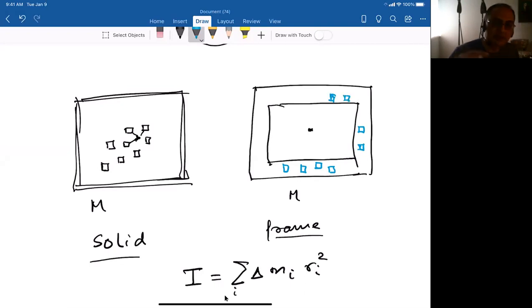And so all of these will have large r's, and when you evaluate the sum, you will get a larger number. For the solid square, many of these r's will be small, and so they will not contribute a lot to the sum.